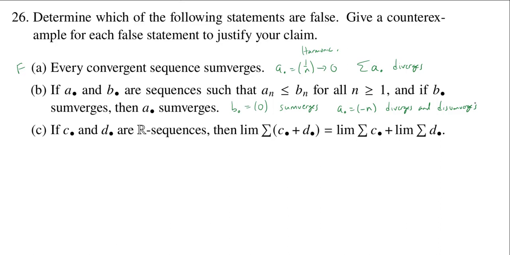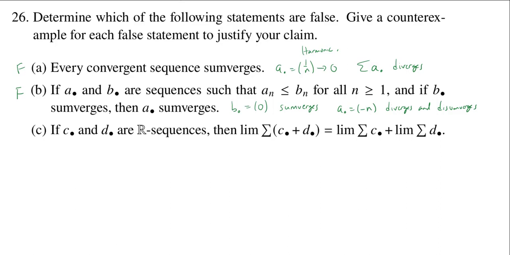It does tell you it can't blow up too much, all right? And if this was just sequences, we couldn't say that it converged, but some sequences, because of the nature of the original sequence having to converge to zero, that's enough to tell us that A converges if it's bounded above and below. Okay, but in this case, we don't have that bottom bound, that lower bound. So this is false. Okay, last one.